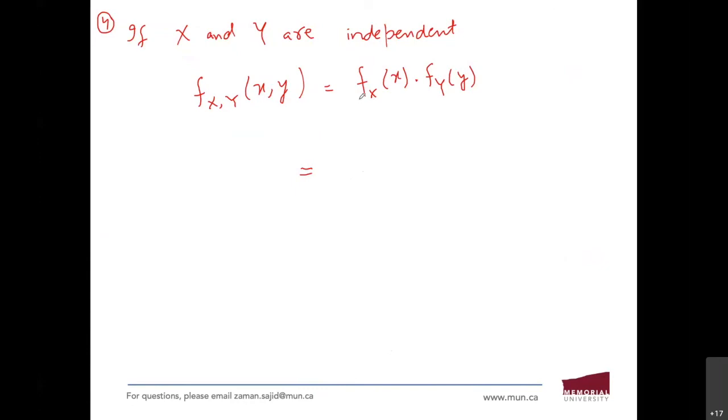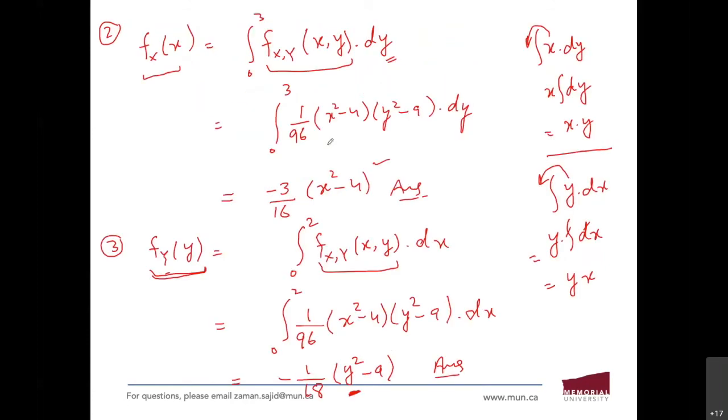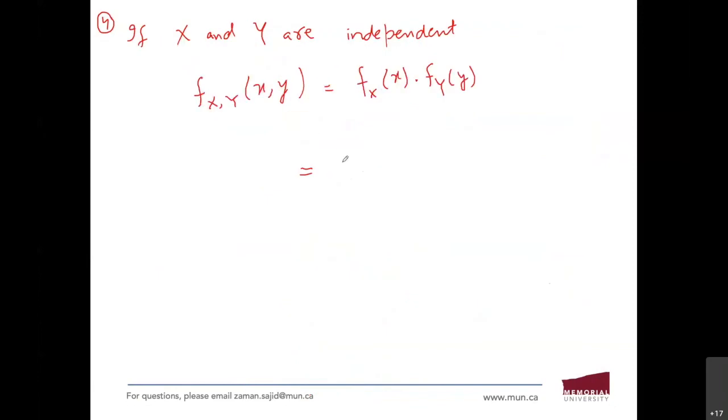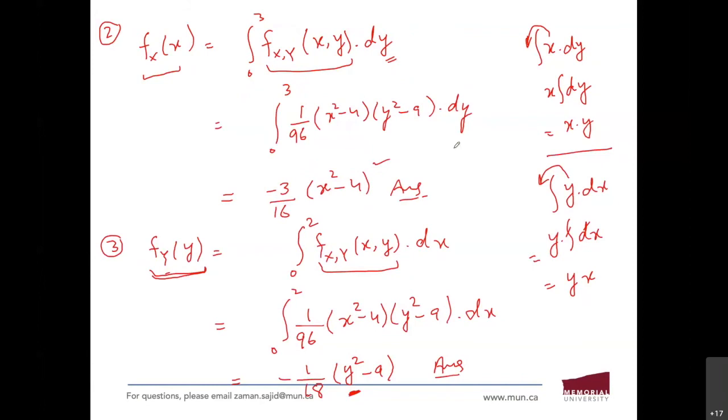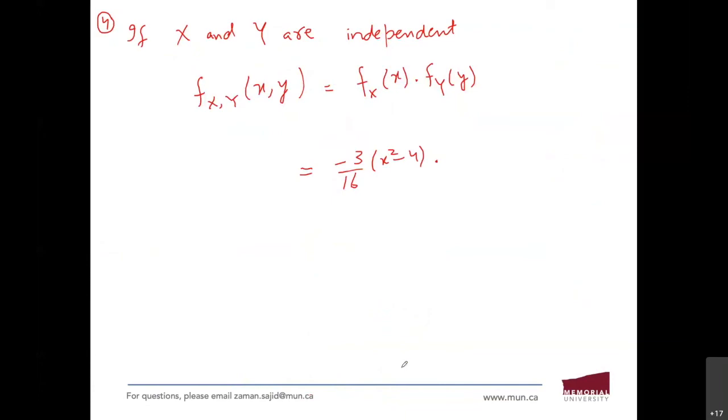This is your marginal probability of x, which we just found in part 2, which is minus 3 over 16 times (x square minus 4), multiplied by the marginal probability of y, which we found in part 3, minus 1 over 18 times (y square minus 9).